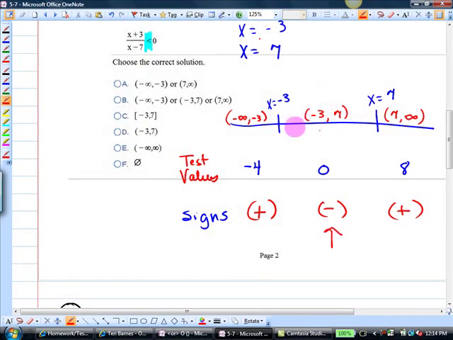So your answer is -3 to 7, so that'd be that one, and it's got parentheses around it. Note they give you the same numbers with the brackets, but it's this one. Okay. I think that's the last one. You guys can practice the others. Any questions? And you know what I think I did?